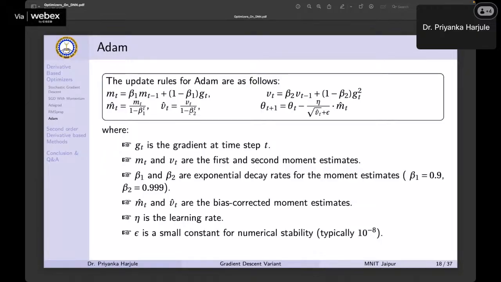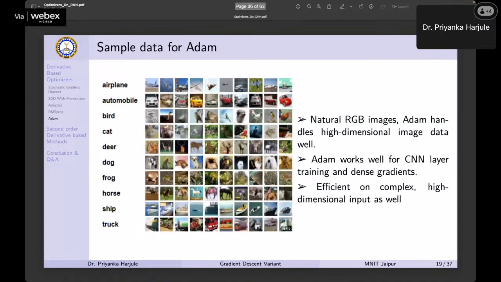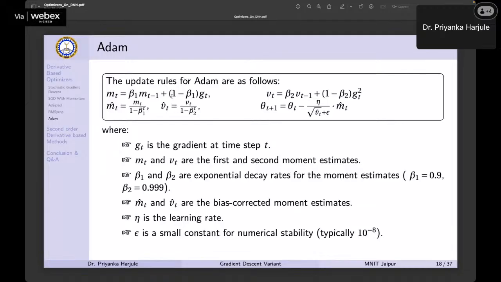This is the correction factor that needs to be applied to prevent that bias towards 0. So with this, we can see that Adam takes smooth curved steps by using the advantages of RMSprop-like behavior and momentum behavior.